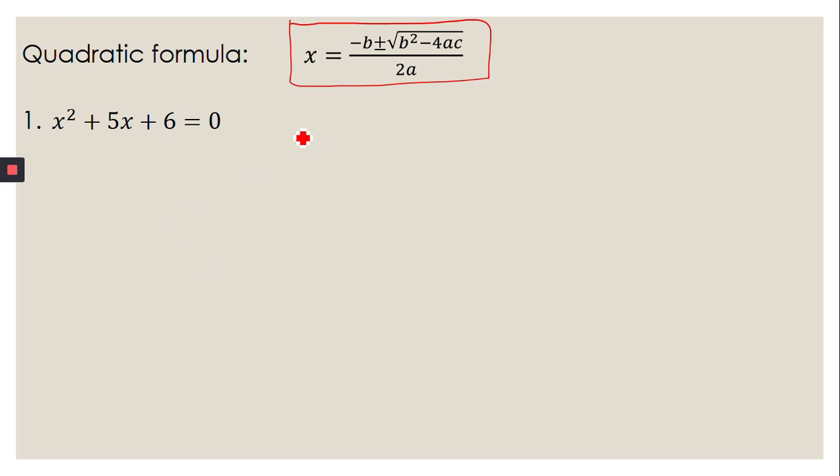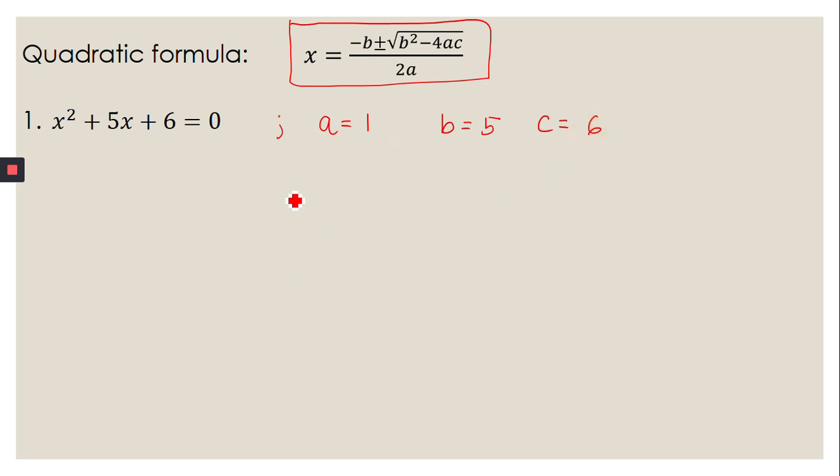The first thing you need to do is identify your a, b, and c. Your a is 1. If you don't have a number there, that means it's 1. It's not 0, it's 1. B is 5, and your c is 6.